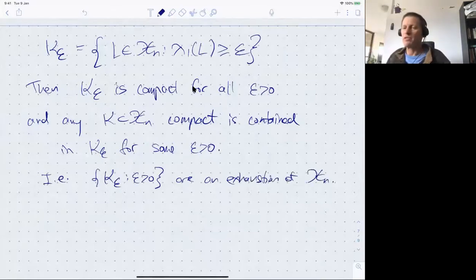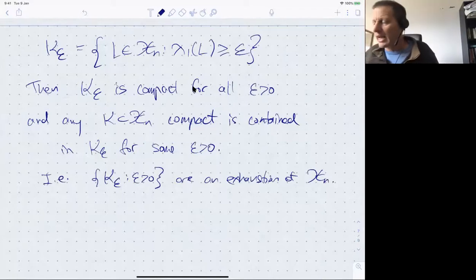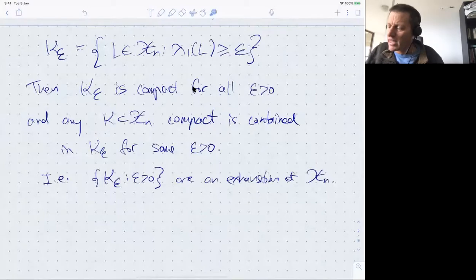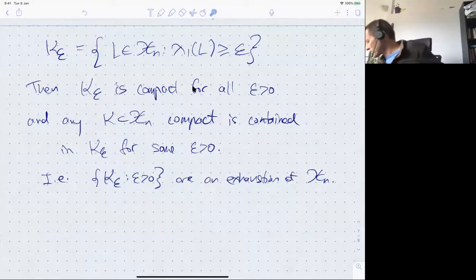An exhaustion of a space is a sequence of compact subsets which fill up the space and have the last property, namely that every compact set is contained in one of them for a suitable value of the parameter. And they should be nested in general, and obviously they're nested here. So this is the Mahler compactness criterion, or the Mahler selection theorem.